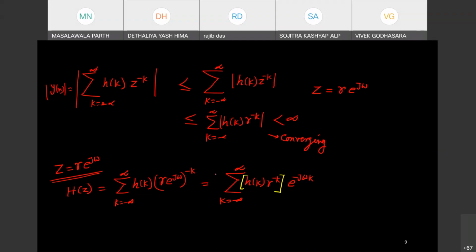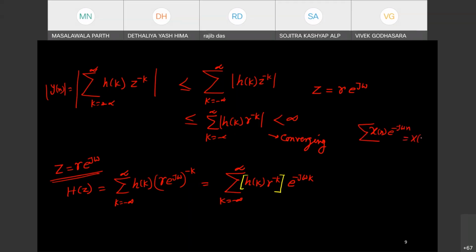So this is one function of k, and it is multiplied with e to the power minus j omega k, then summed up. Can you identify this expression? Is it like X of n e to the power minus j omega n, summed?